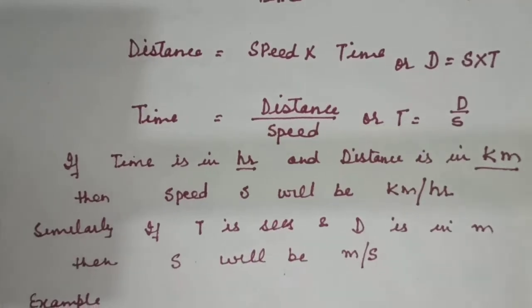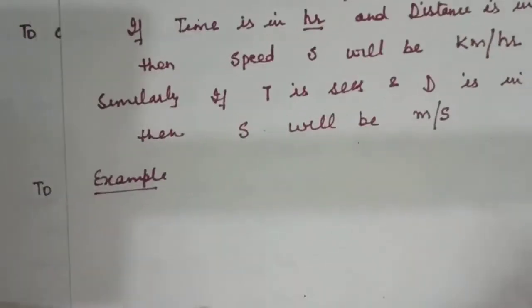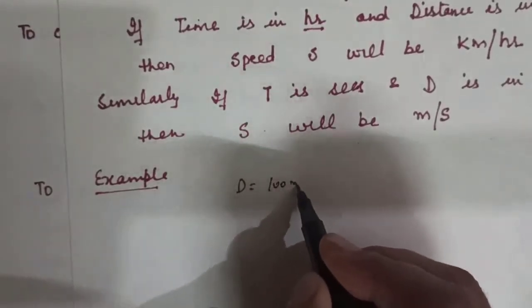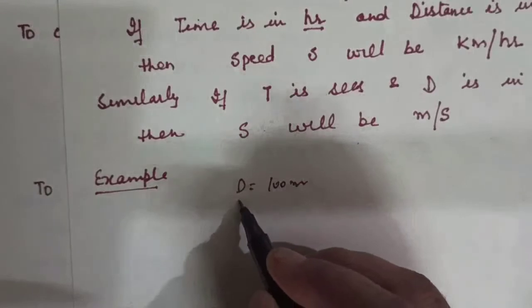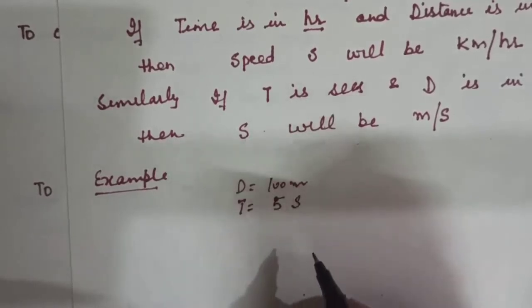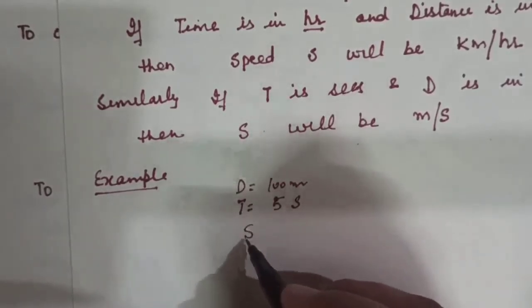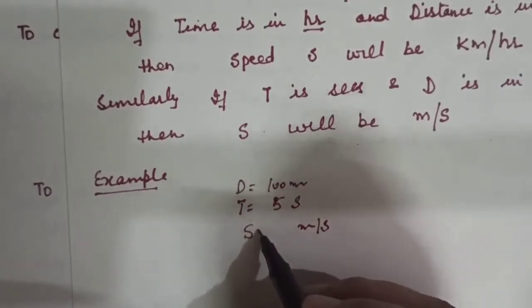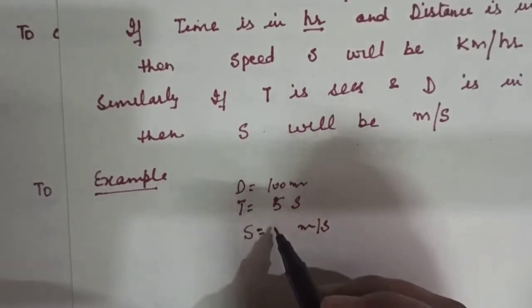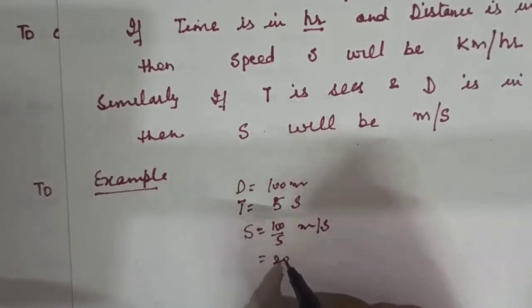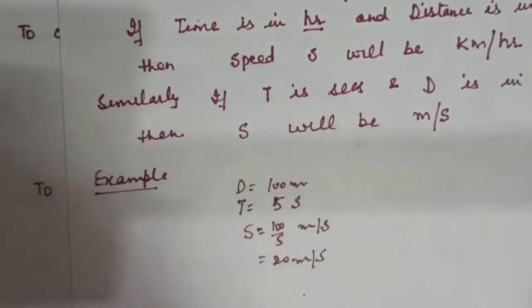For example, if I say that distance is 100 meter and time is 5 seconds, then your speed will be in meter per second. We know the formula, speed is distance on time, so 100 on 5 means 20 meter per second.